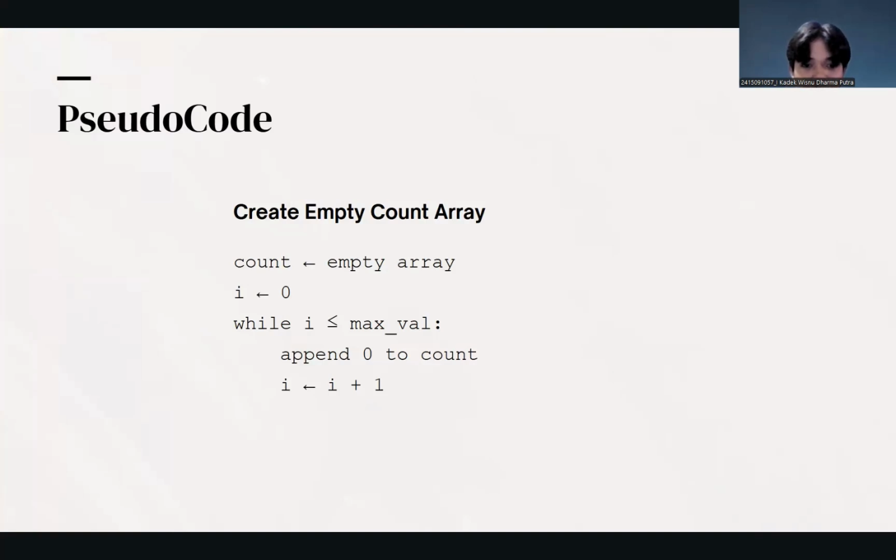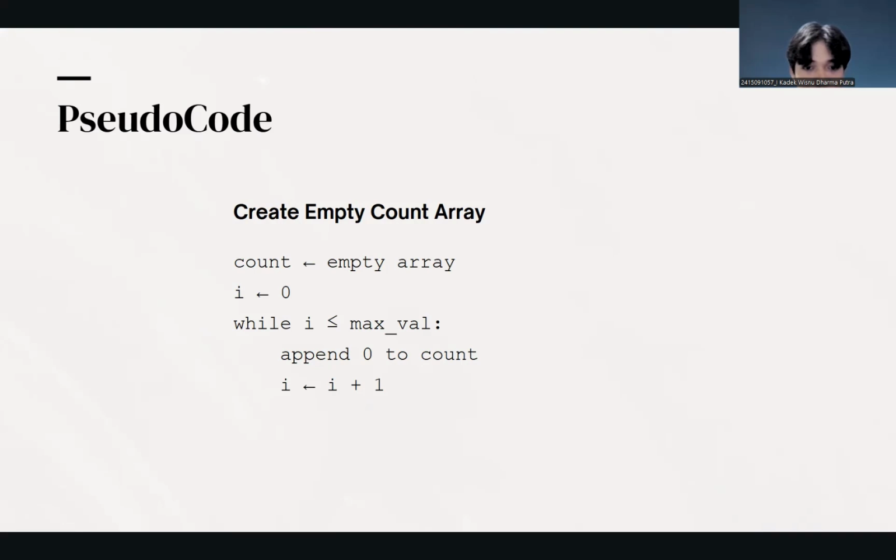The third step is we need to create the empty count array. In this case, we use the count variable with an empty array value. We create the e variable that has a 0 value. The e variable is used for iteration. We use a while loop with the condition: if e is lower than or the same as the max value.